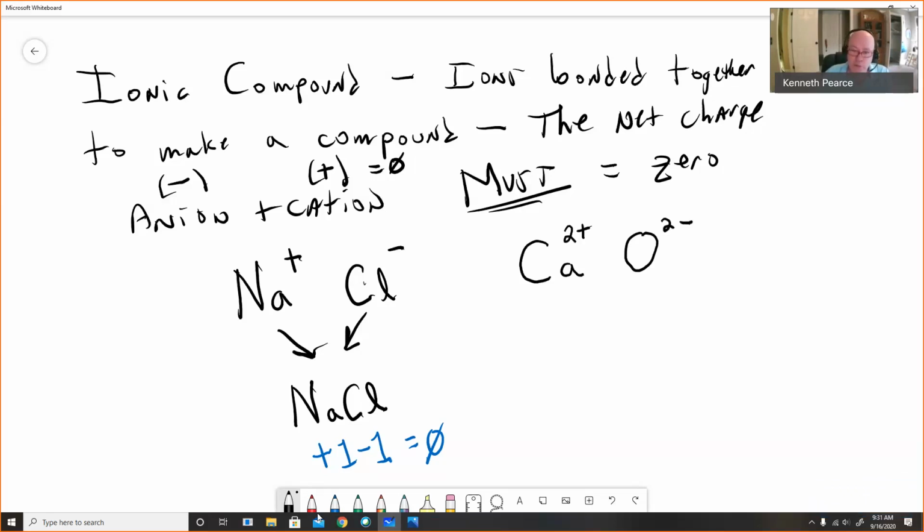And if we go ahead and push these guys together to make an ionic compound, we see that it's a calcium with an oxygen, and we see that +2 -2 equals 0. And sure enough, it must equal 0. So we have ions bonded together to make a compound, and the net charge is always 0. It has to be 0.